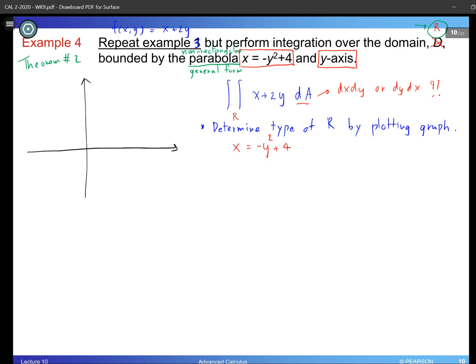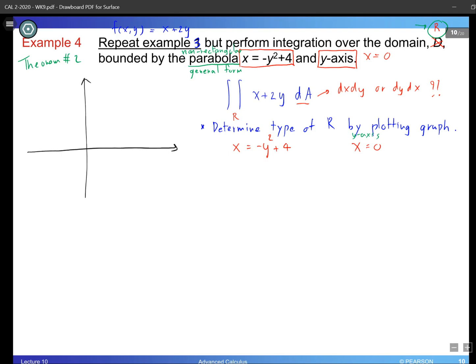The question is, can we express this y-axis as an equation or a function? Well, the answer is yes. We can express this y-axis as x equal to 0. It means the same. So the other curve that we have is x equal to 0. You can make a note right here that this is the same as the y-axis. Okay, two curves that we are supposed to draw in this graph.